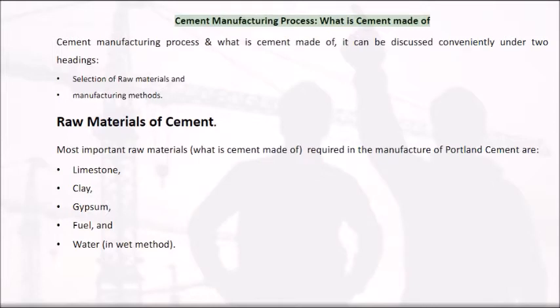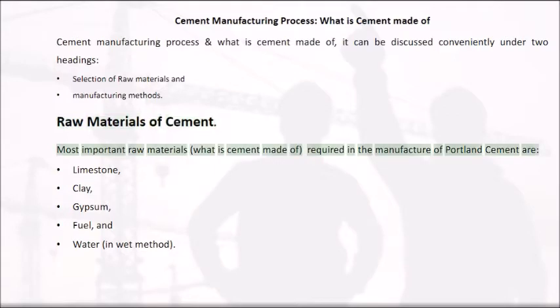Cement manufacturing process. What is cement made of? It can be discussed conveniently under two headings: selection of raw materials and manufacturing methods. Raw materials of cement.